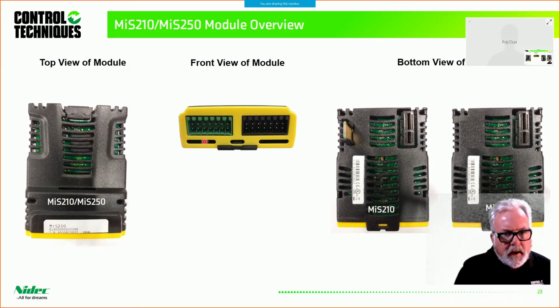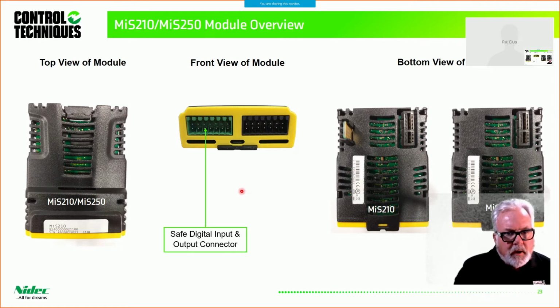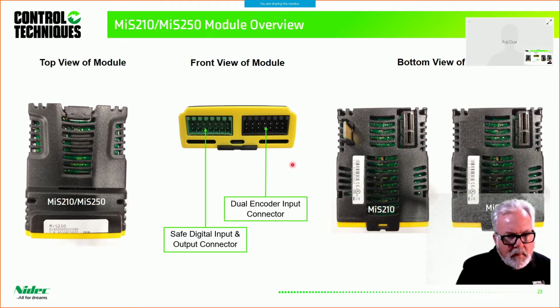So this is what it looks like, two connectors. And this is what tripped me up, as Mike will attest to, and I'm going to hope to clarify what tripped me up here in a little bit. So the green connector is your digital input and output connector. And then the other connector is for a second encoder. And we're going to be talking about encoders as we go along.